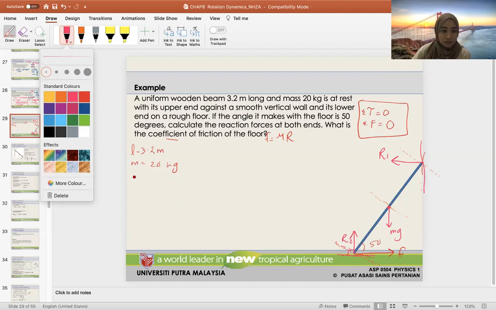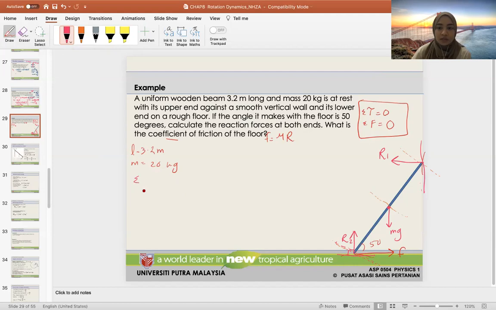Okay, so we start with force because I like force better than torque. So my net force in x, Fx, is equal to 0. That's my condition. Write your condition and then write the forces in your free body diagram into the equation. So I want to say this is my x, this is my y, the conventional one.